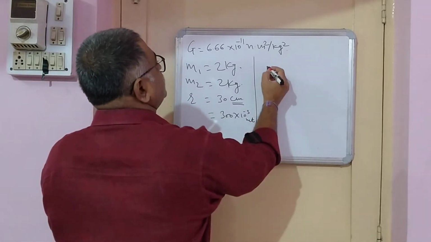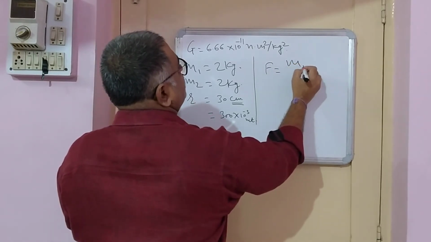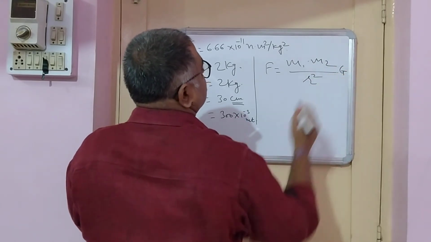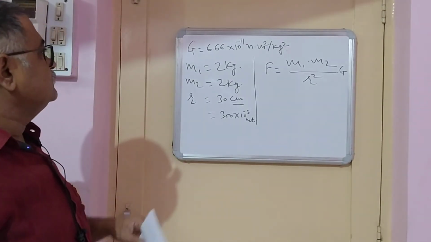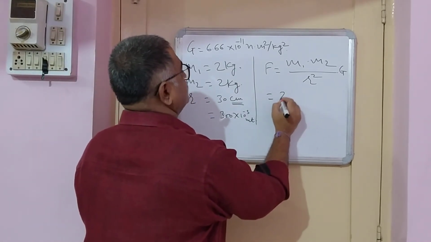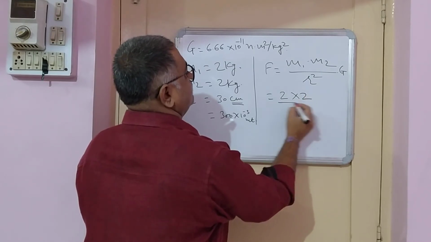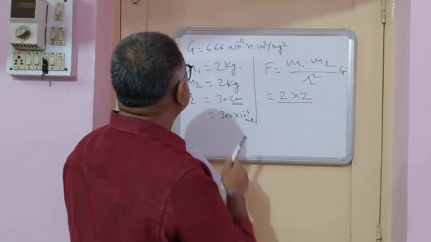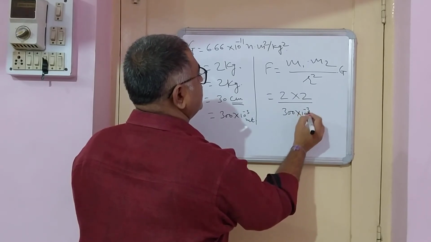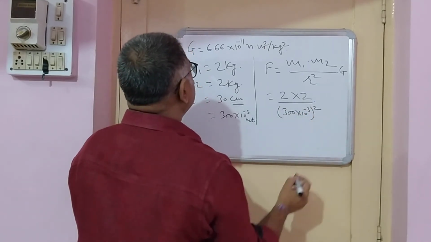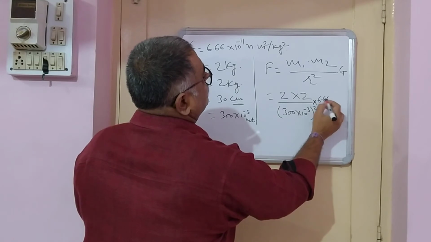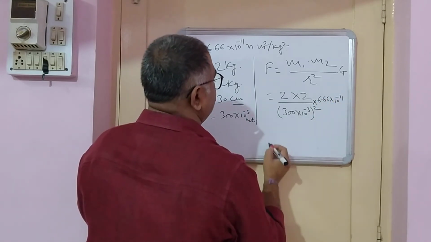Friends, we know the formula F equals M1 M2 upon R square into G. We take M1 into M2, 2 multiplied by 2, divided by R square, the square of 300 multiplied by 10 raised to minus 3, multiplied by G, that is 6.66 into 10 raised to minus 11.